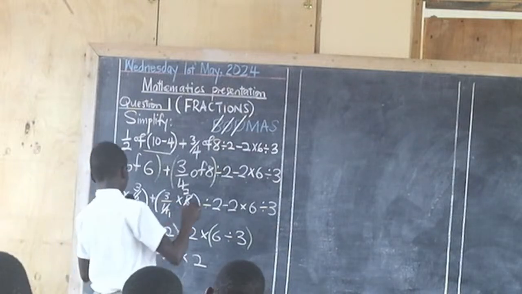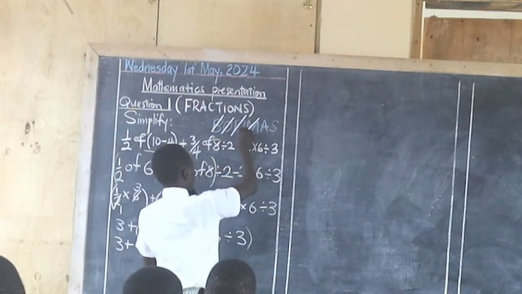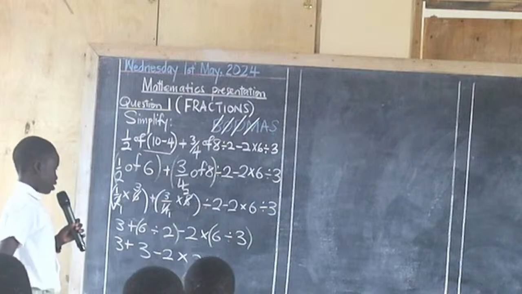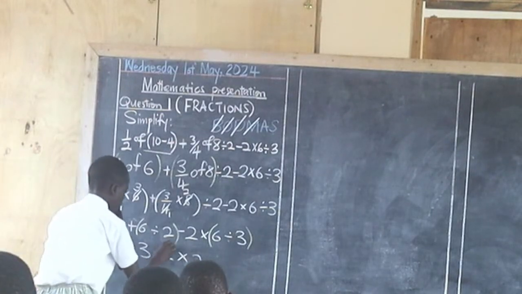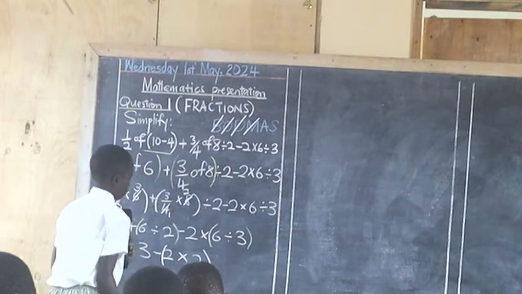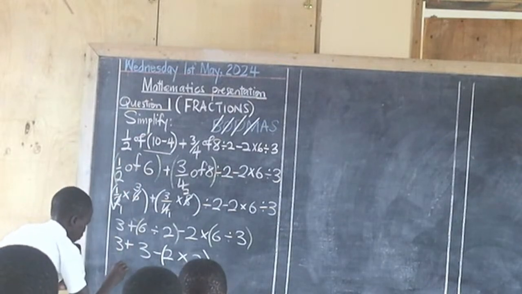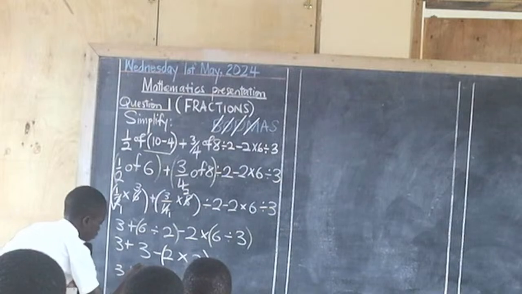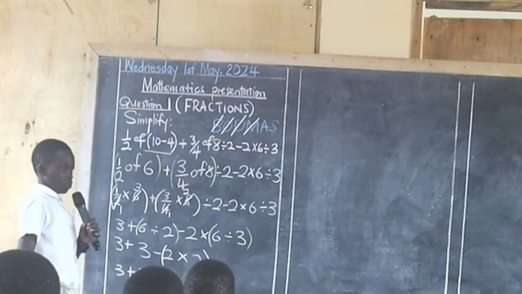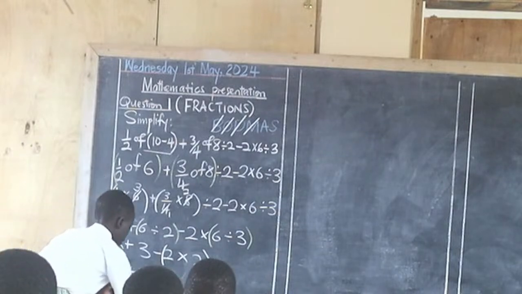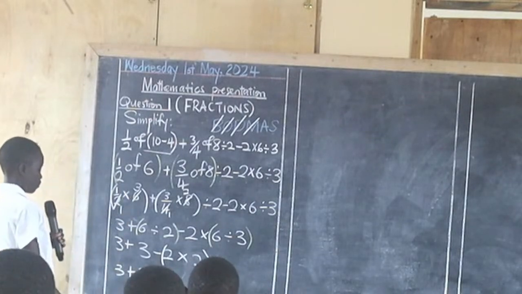We are continuing, then multiplication. Where do we see the multiplication? Here. So we still copy 3 plus 3 minus. Now what was 2 times 2? 4. So 3 plus 3 minus 4. We have finished the multiplication.